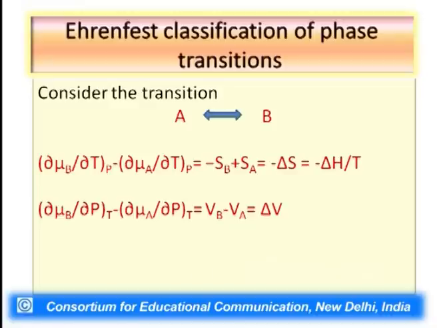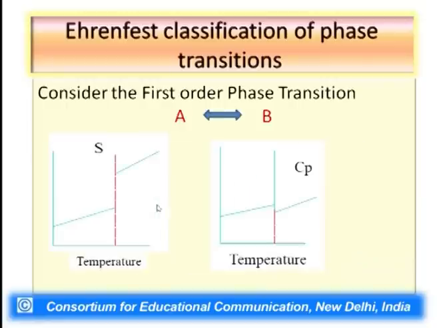It does mean that if we compare the first order derivative of chemical potential with respect to temperature, the difference between the first order derivatives of chemical potential for two different phases of a substance should be a non-zero quantity. What it implies, just have a look at this in the form of a graphical representation.